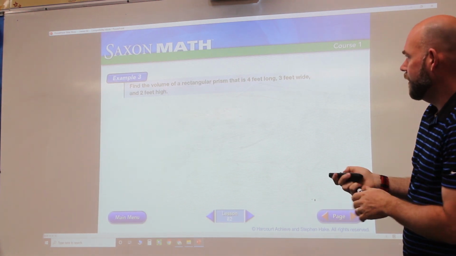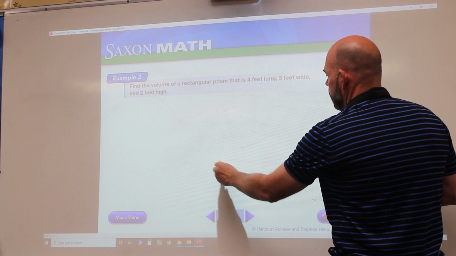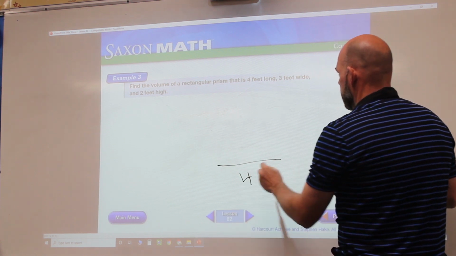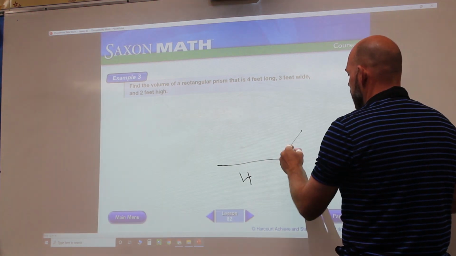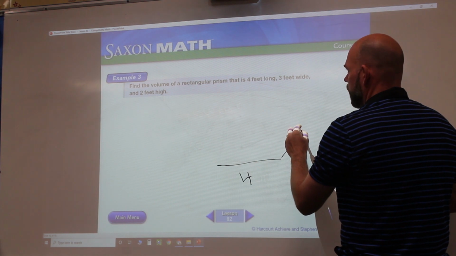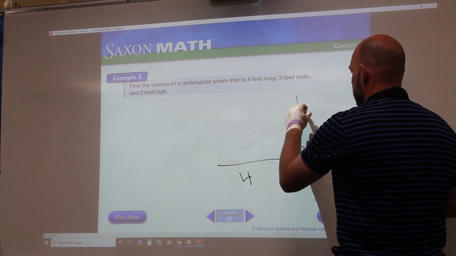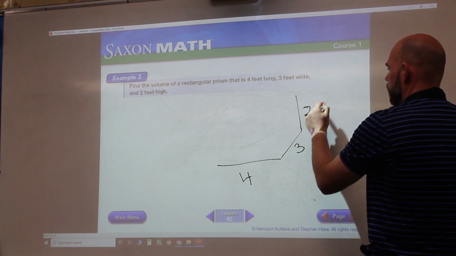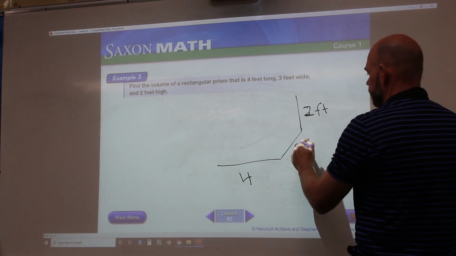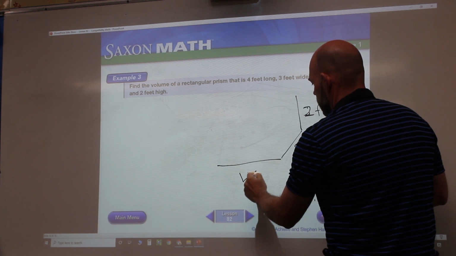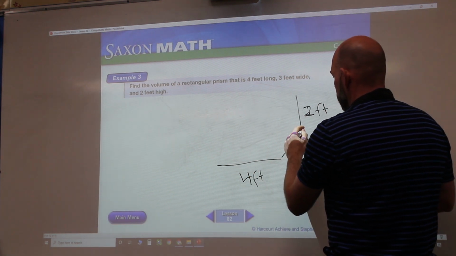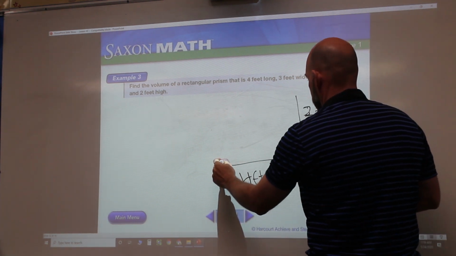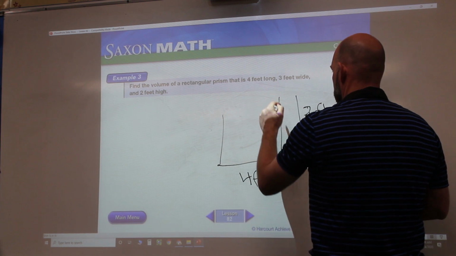Here the volume of a rectangular prism is 4 feet long by 3 feet wide by 2 feet high. 2 feet. See how I know how to draw? Alright, so if we want to draw that out, we can draw that up like that.